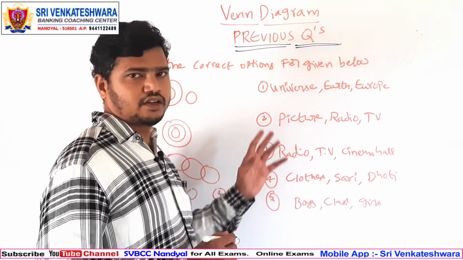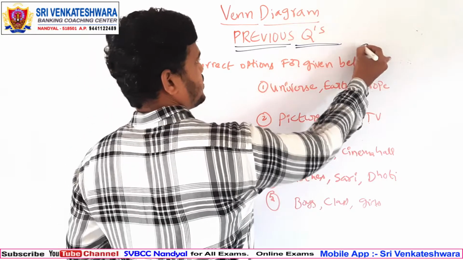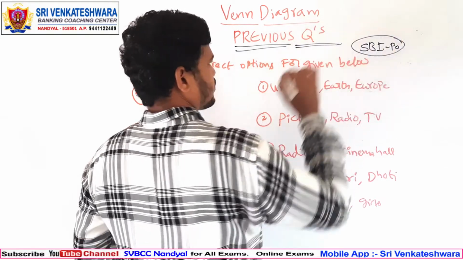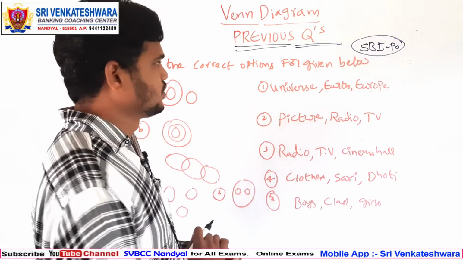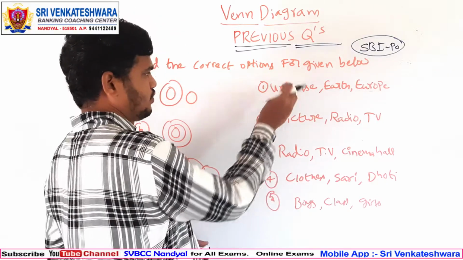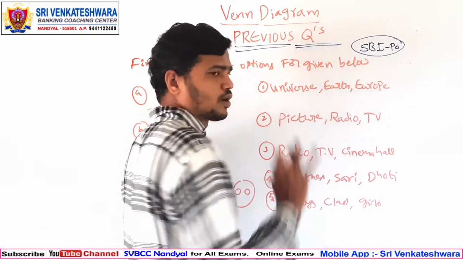Now we'll take another previous example. This is from SBI PO. See, they are given some options of figure. You need to find out which option should be correct for this. Universe, Earth, Europe.